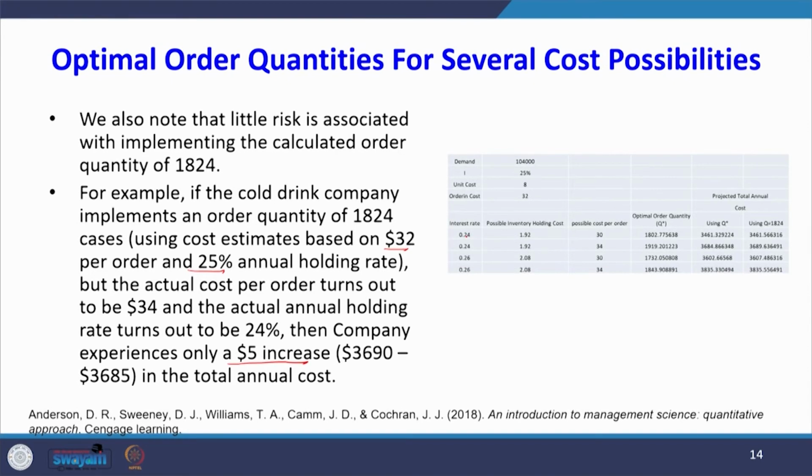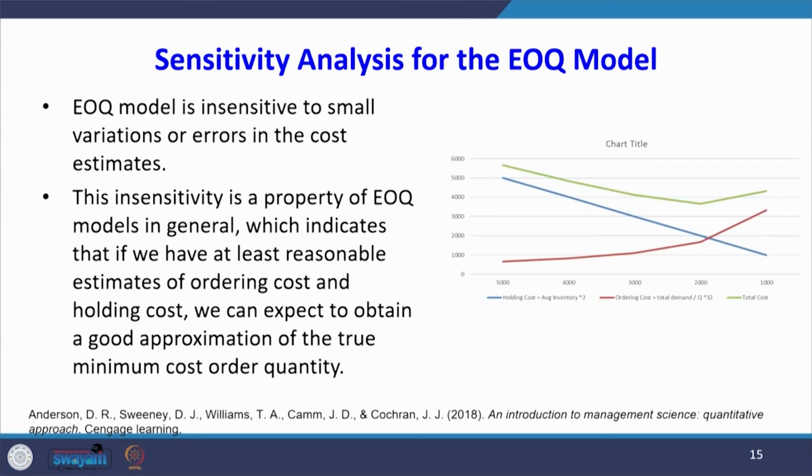Between these two, 84 and 89, there is only a $5 increase in the total annual cost, so it will not affect. So, the model which we have proposed is the robust model.